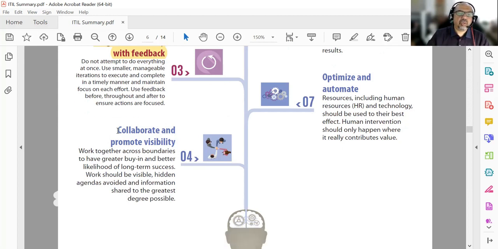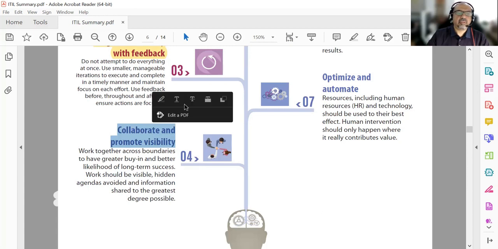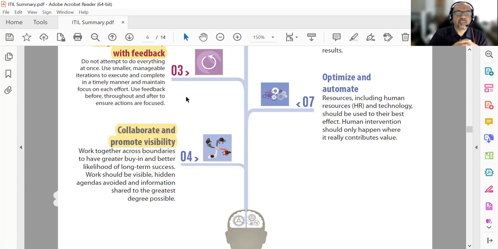Fourth, we will collaborate, all of us. We will promote visibility. So collaborate and promote visibility is the fourth principle. And here we work together. We work in IT. We will work together with HR, financial team, marketing department, other teams.